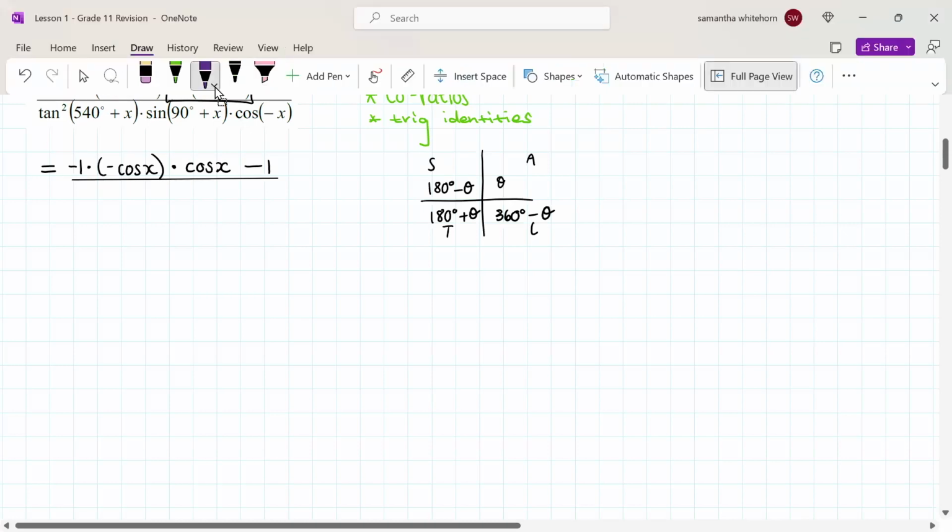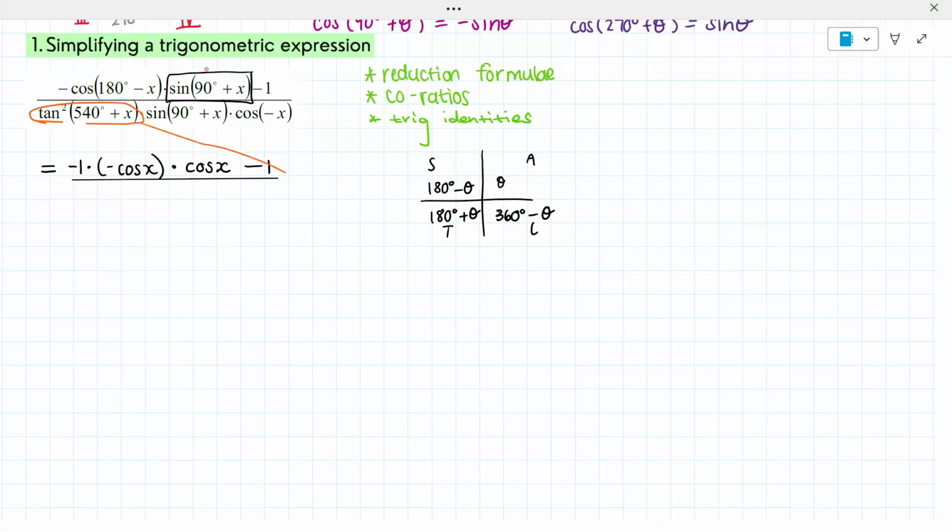All right, so now I just want to take a little detour here, because this is one that we often make a mistake with because of that squared. So tan squared 540 plus x. Whenever you have a squared ratio, what I need you to remember is that you're actually working with tan of the angle, so tan of 540 plus x, and that ratio is being squared.